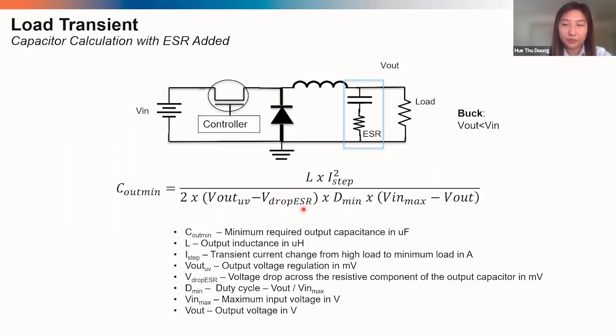So we've got the output inductance times the transient current squared, all of that divided by 2 times the difference of the output voltage regulation and the voltage drop across the resistive component of the output capacitor, times the duty cycle, times the difference in the maximum input voltage and the output voltage.